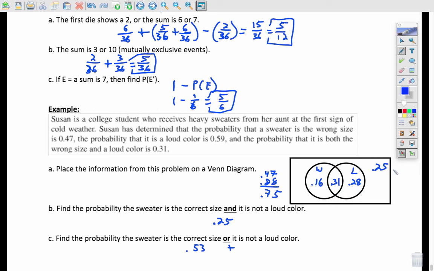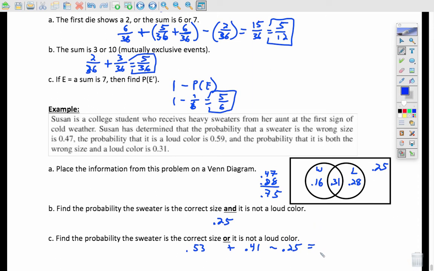And since this is an OR, I'm going to do the union rule here. Everything outside of L is what's in W and what's in the universal set, which is 0.41 if you add those two together. But you notice I counted this 0.25 twice. I added that into both things. So I have to take that away as part of my OR, my union rule.